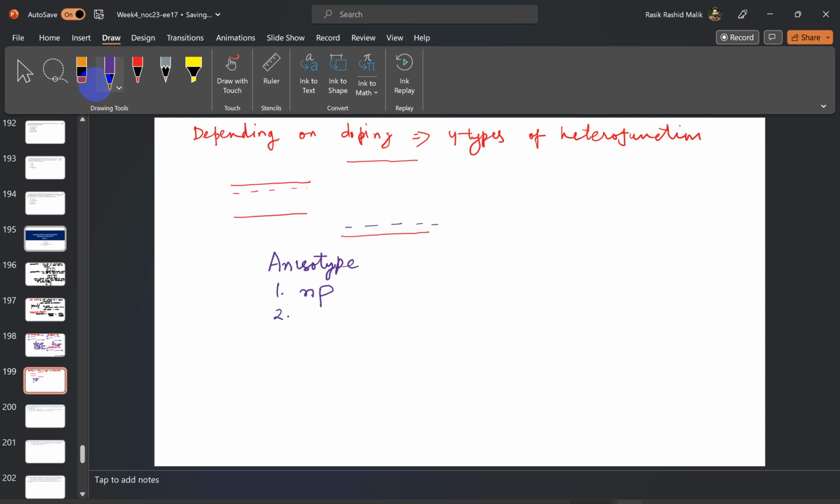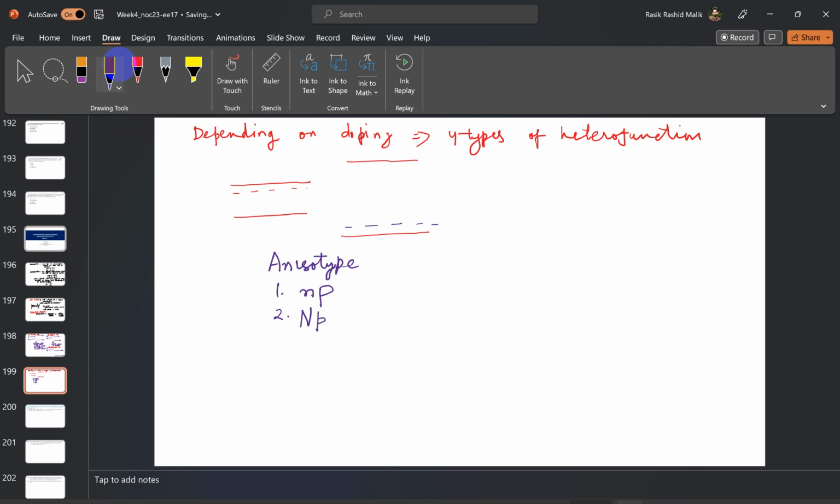It can be p type, the narrower band gap material, or I will write this way, starting from N and P. We can have the wider band gap material as N type, and we can have the narrower band gap material as P type.